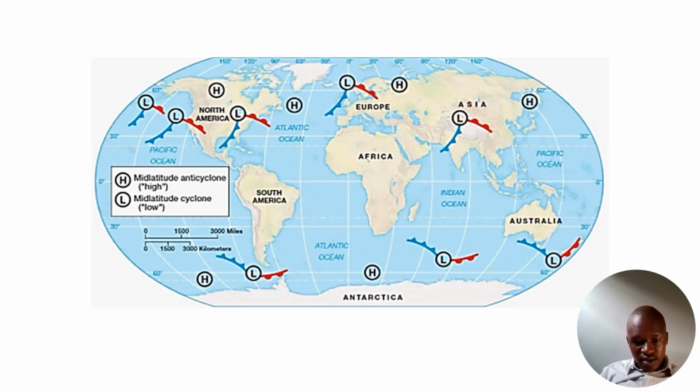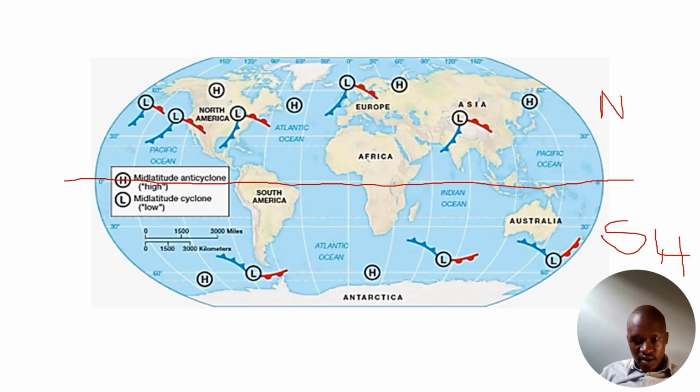Remember, let me cut this in half. Let me divide this into the northern and southern hemisphere. Let me write it here, SH or H, I don't know how to say it. Southern hemisphere, and at the top I have my northern hemisphere, right?